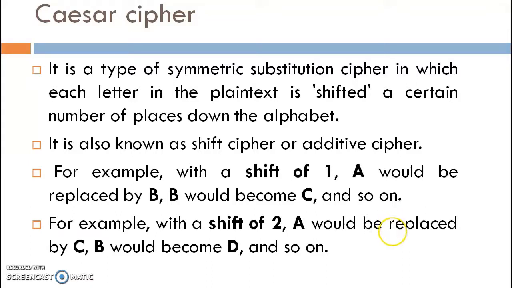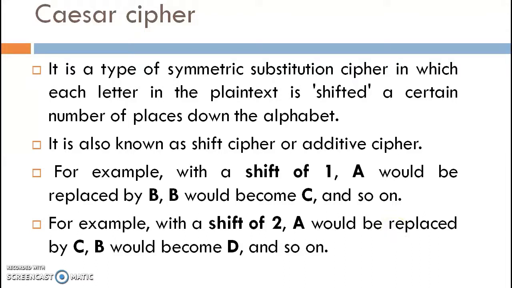In this algorithm, each letter in the plain text is shifted a certain number of places down the alphabet. This algorithm is also known as a shift cipher or additive cipher. Cipher is a word that itself represents an algorithm for encryption and decryption.